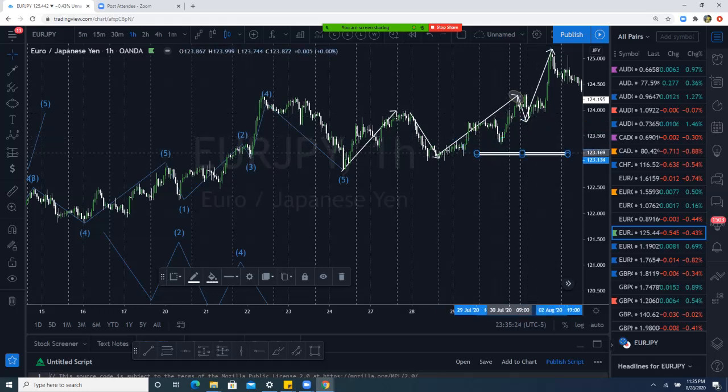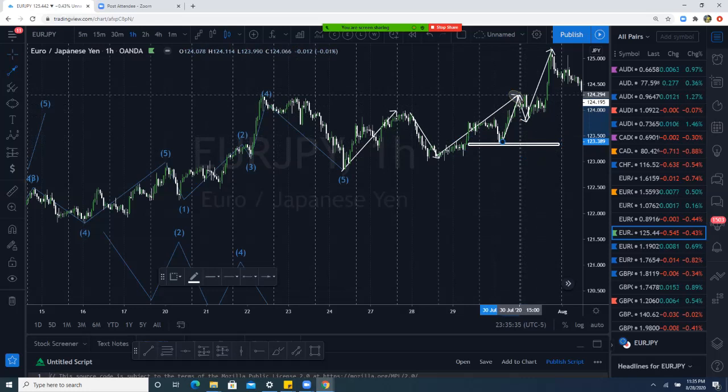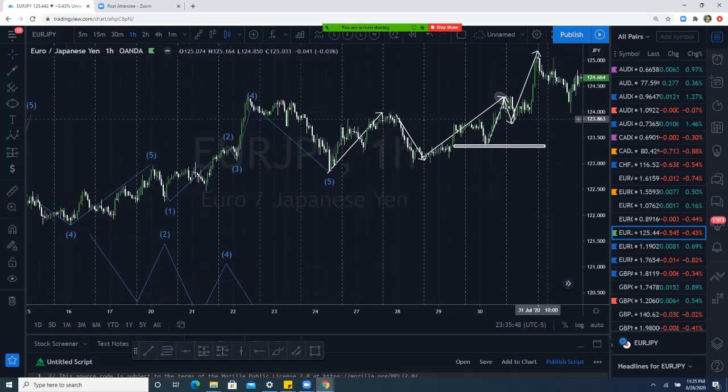The last swing low would be here, because this was the move that created the new high. So as long as price doesn't break that swing low, it's going to continue as an uptrend.